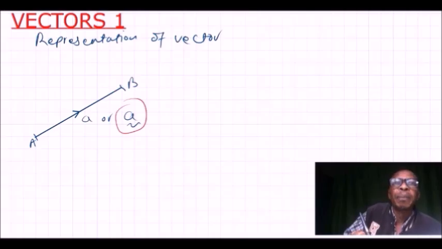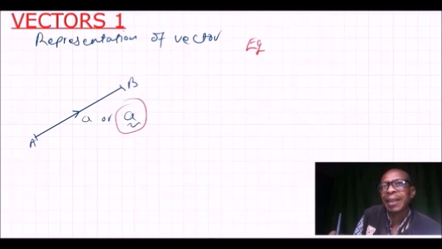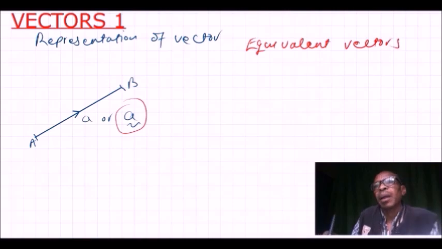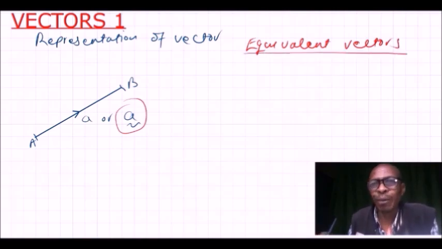From there, we look at equivalent vectors. We say that two vectors are equal if they are facing the same direction and have the same magnitude.